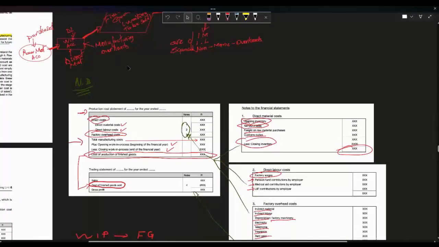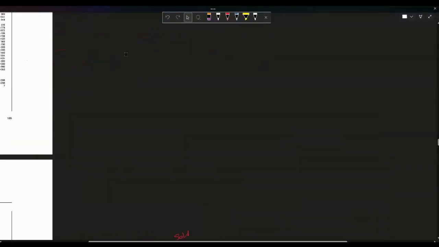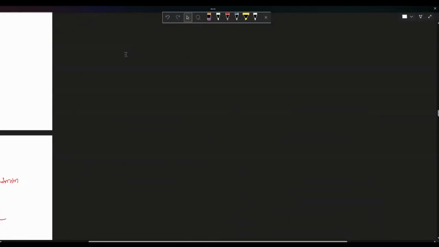Here, we would just take the opening inventory that we have, plus all the purchases of material that were bought, plus, remember again, the freight, cost, custom duties, whatever cost is incurred to move those materials and bring them close to the production. We take all that into account, right? So the opening inventory plus what we bought, minus the closing inventory.